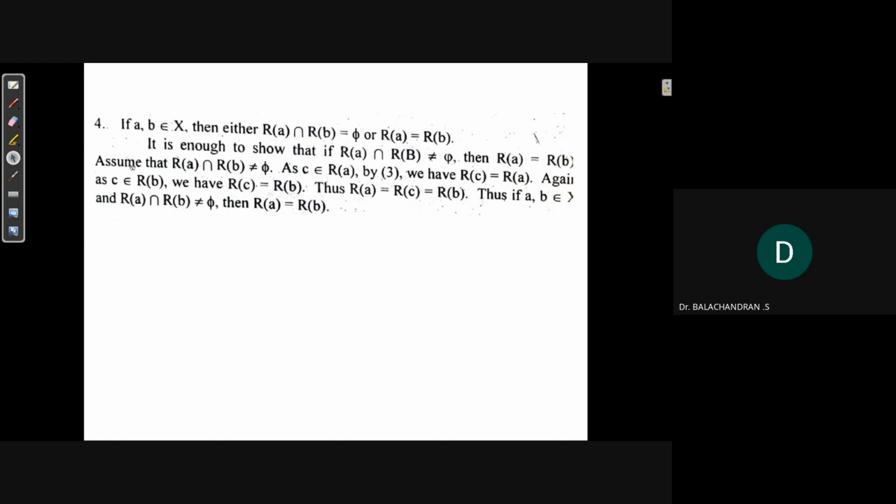So I assume that R of A intersection R of B is not equal to empty. If it is not equal to empty, at least one element is common.